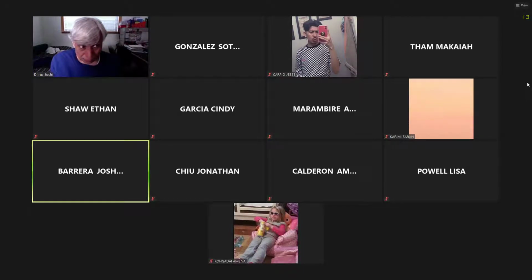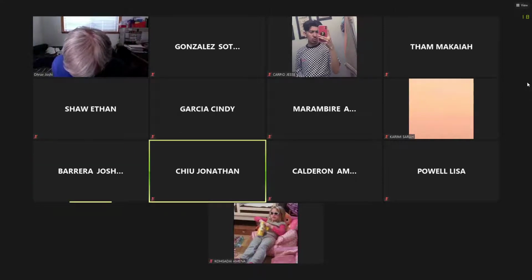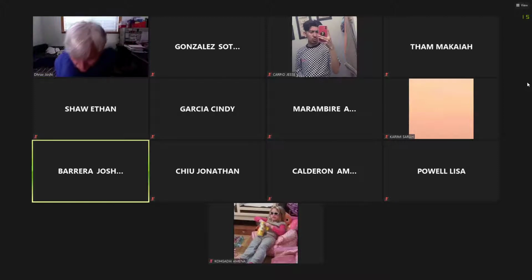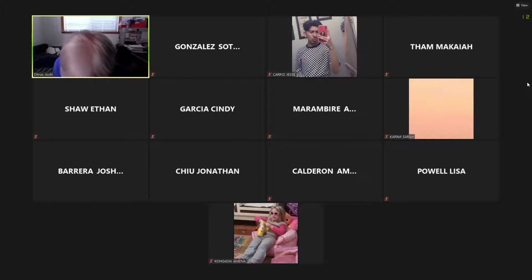For molarity, I got 0.2269. Did anyone else get that? I got that too. 0.2269 mole per liter? No, it's too high.